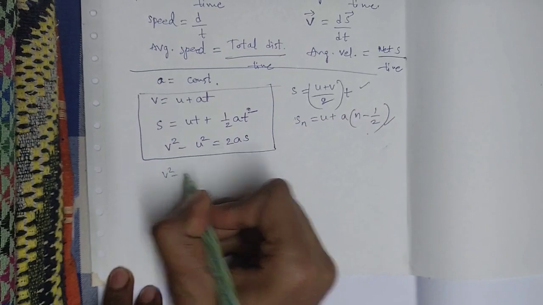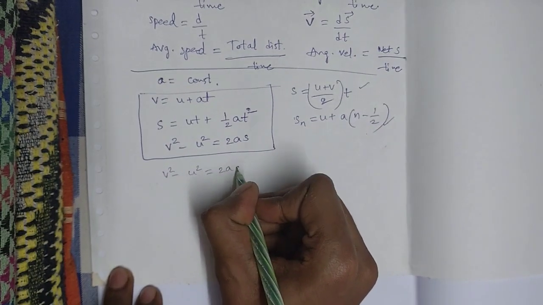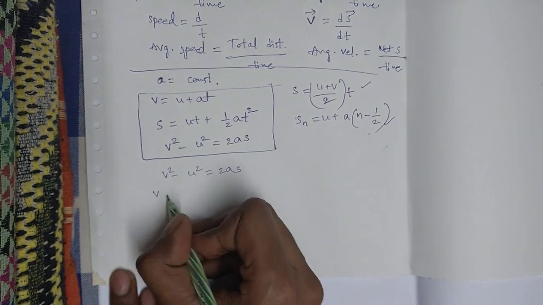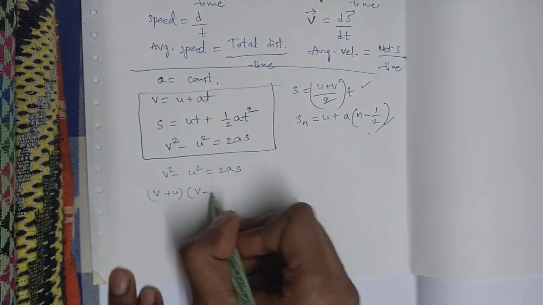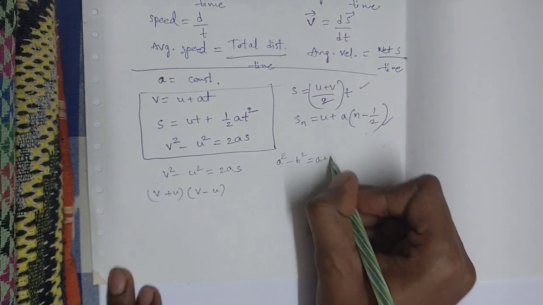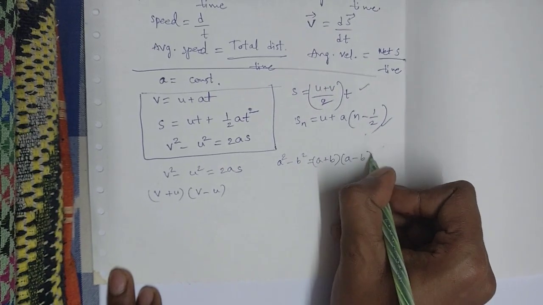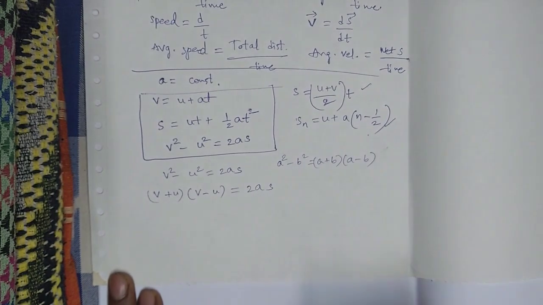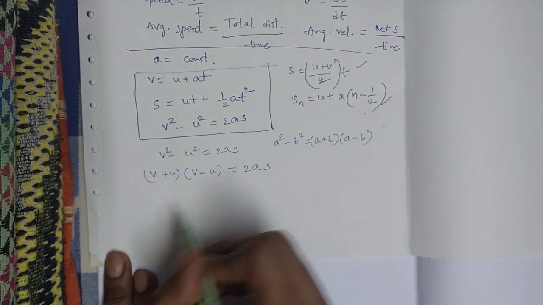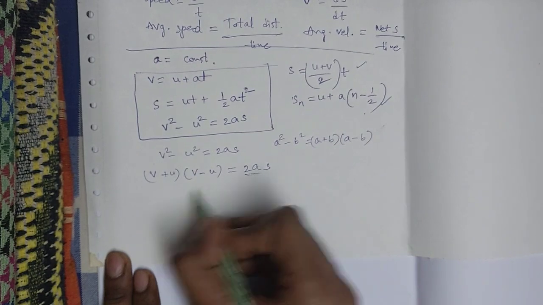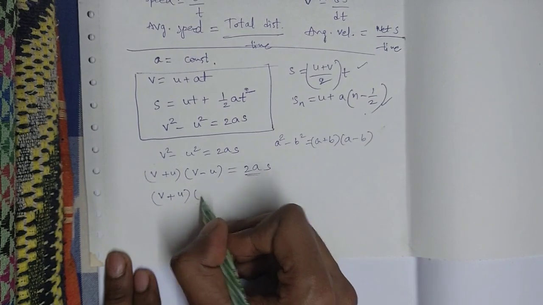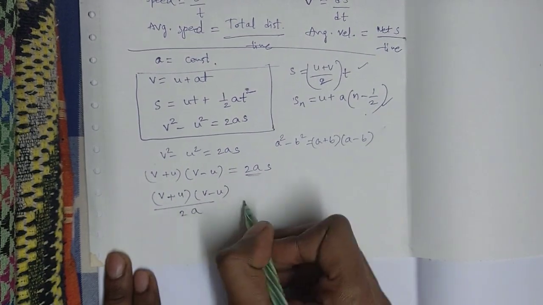From the formula v square minus u square equals 2as, v square minus u square equals v plus u into v minus u, which is from the formula a square minus b square equals a plus b into a minus b. So this equals 2as. Next, when we get these two things on the left side, it will be v plus u into v minus u by 2a equals s.